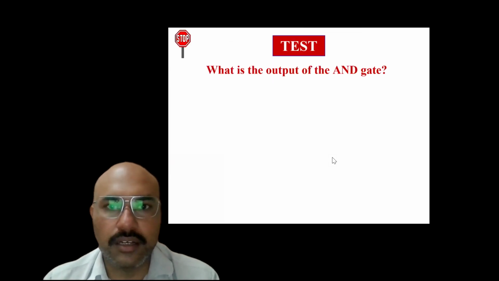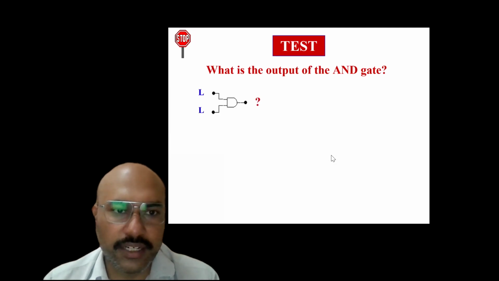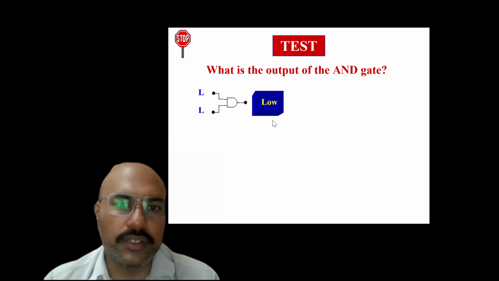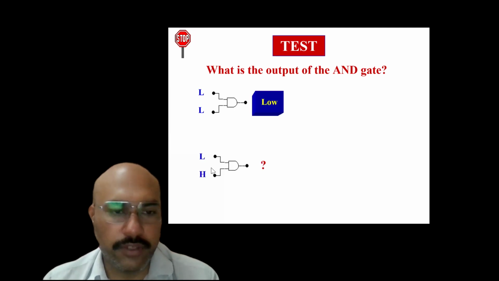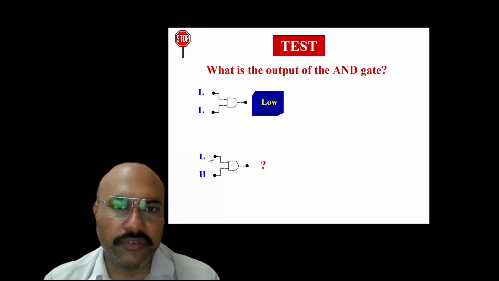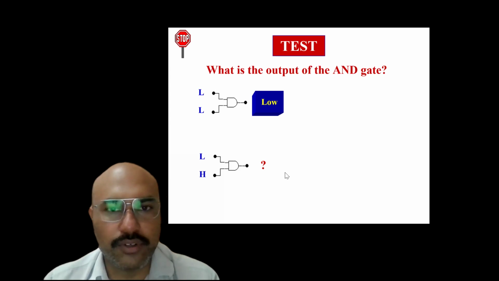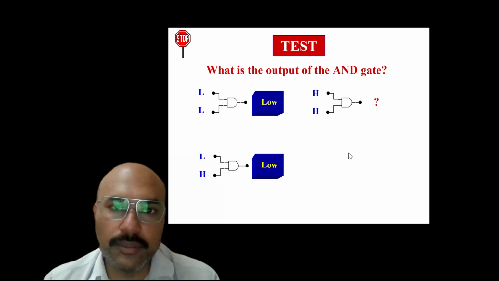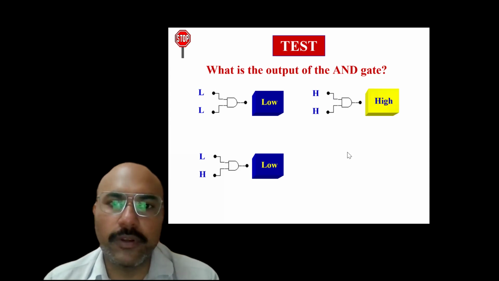And you can test what is the output of an AND gate. If both of the inputs are low, you can guess what the output is. Output is definitely low. And if one of the inputs is low, suppose A is low and B is high, then what should be the output? Output should be low as well. Now, if both of the inputs are high, then definitely your output will be high.